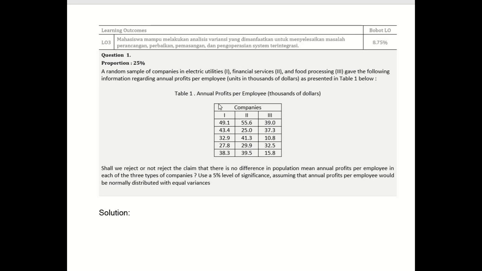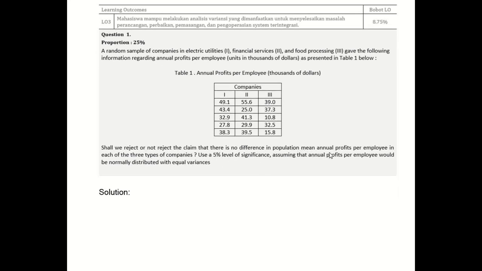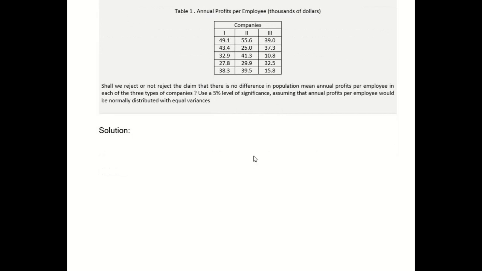Do we reject or not reject the claim that there is no difference in population mean annual profits per employee in each of the 3 types of companies? Use a 5% level of significance, assuming that annual profits per employee are normally distributed with equal variances. So we get the solution here.